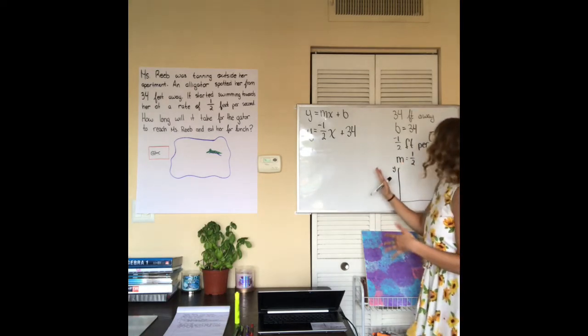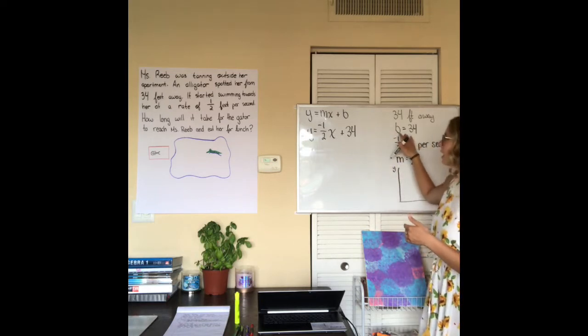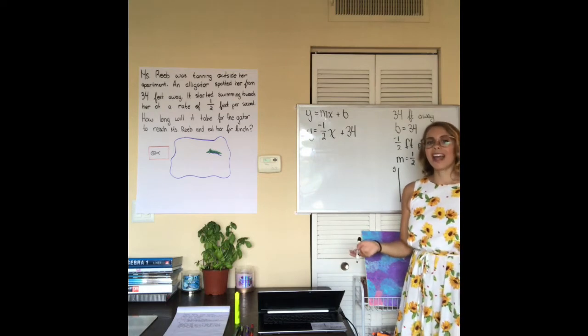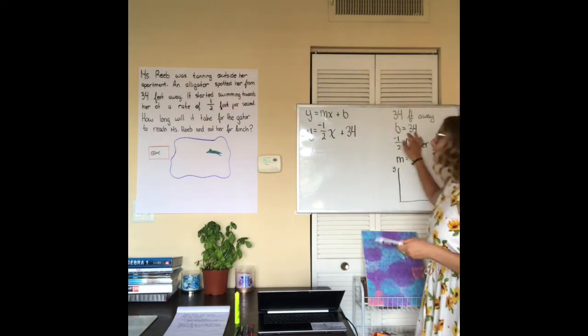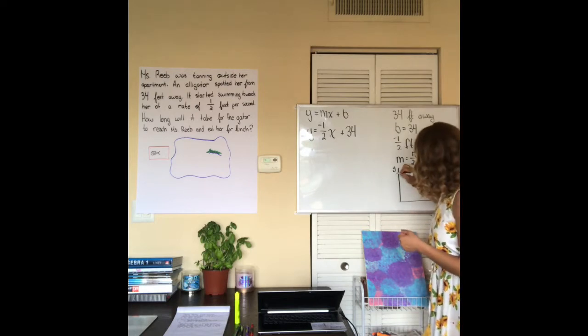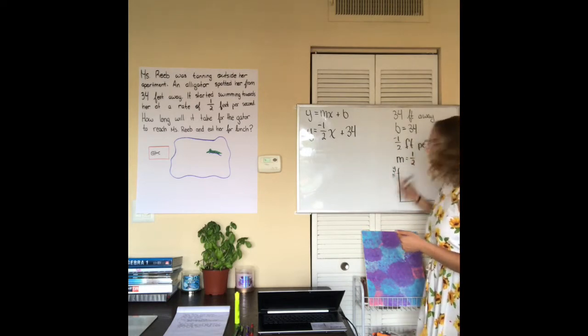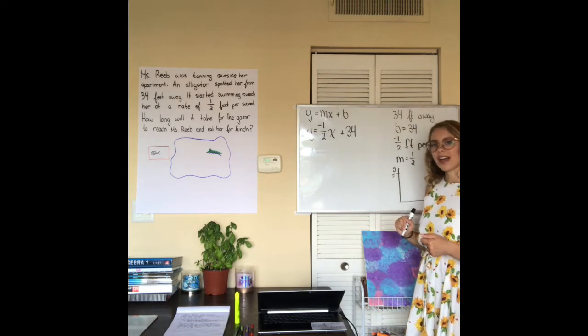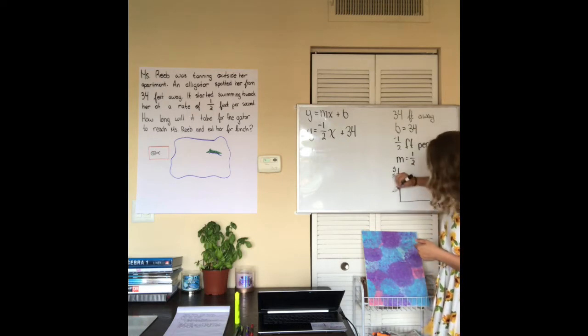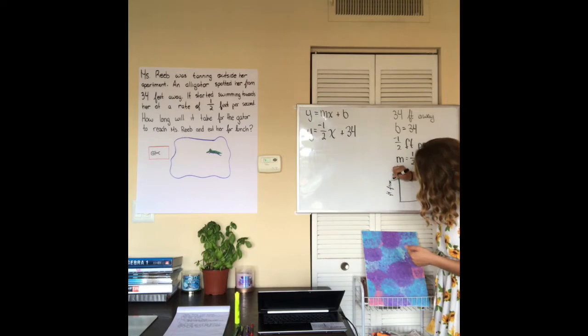So my b is my y-intercept, and the y-intercept obviously falls on the y-axis. So this 34 will fall on the y-axis. And because this 34 falls on the y-axis, that means that y is feet from Miss Reeb.